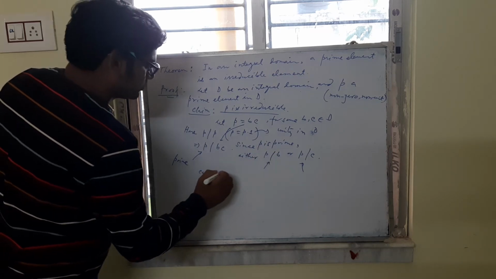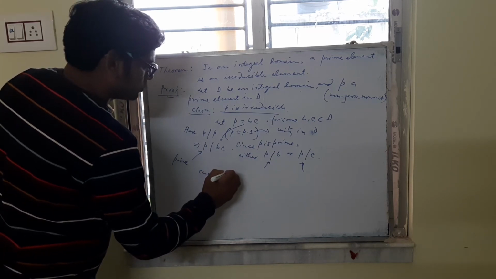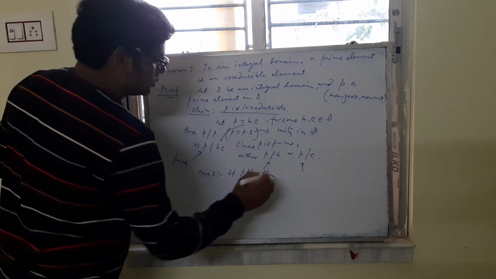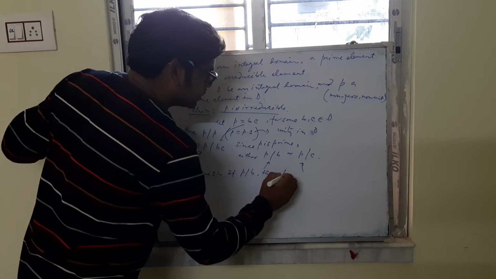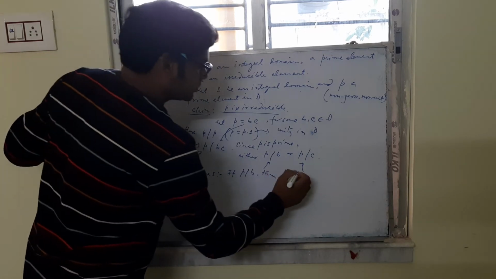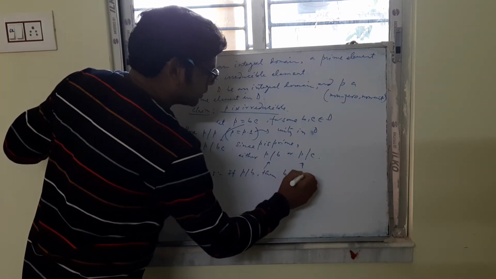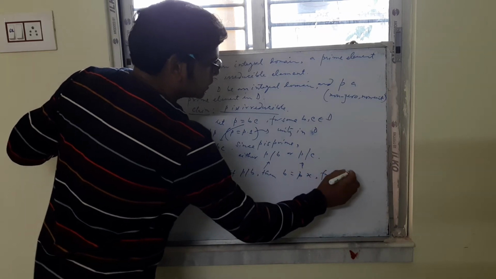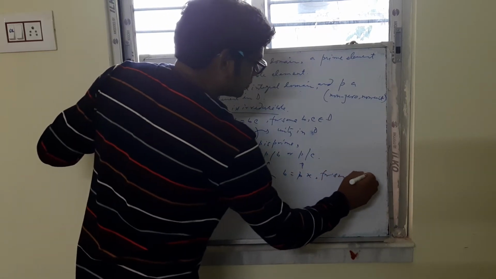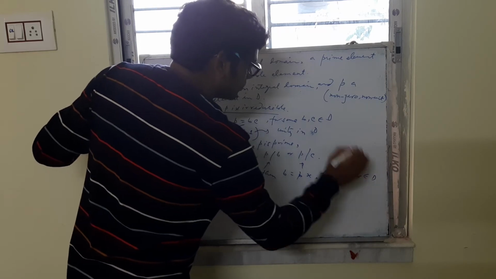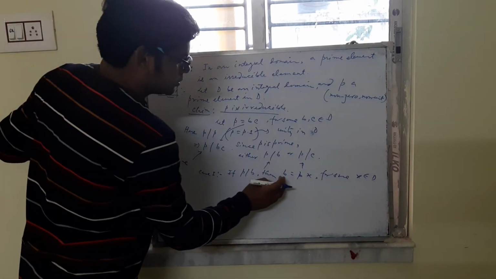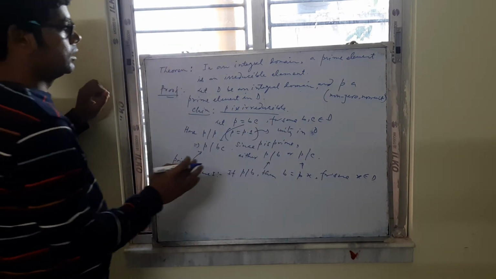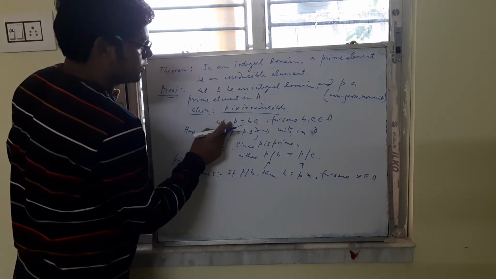Case 1: if P divides B, then we get B as the product of P with some X, where X is in D. So we found that B is the product of P and X, and here it is given P equals BC.